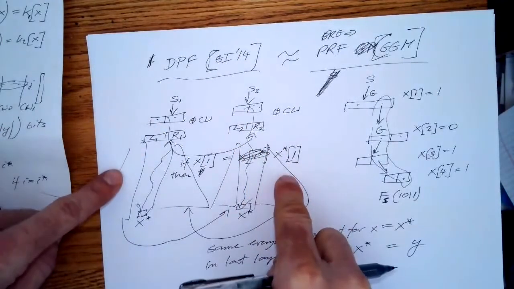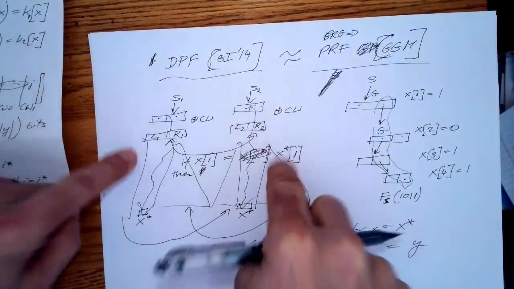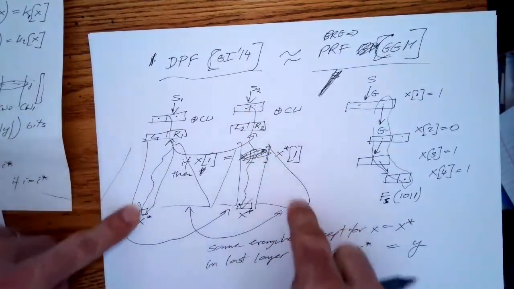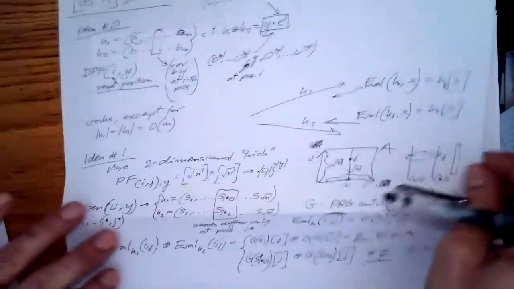If you veer from the path, then now the two functions are completely synchronized. So they have the same seed, and from that point on, they will be identical.